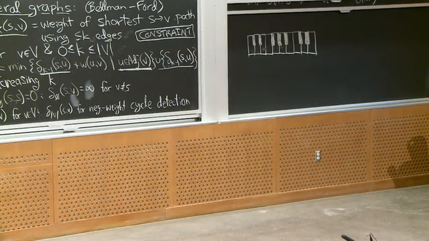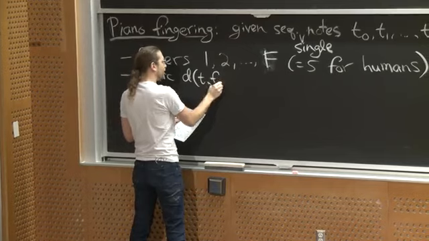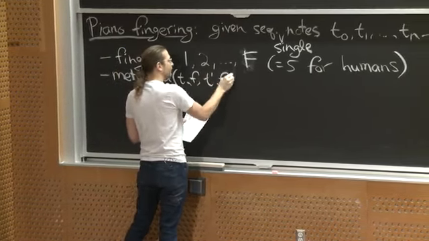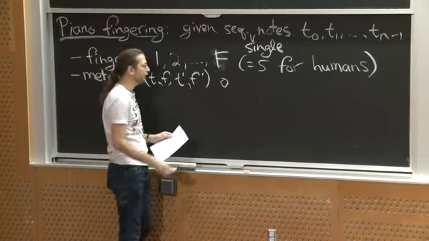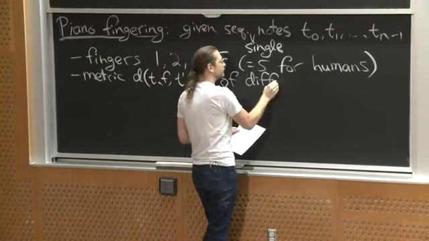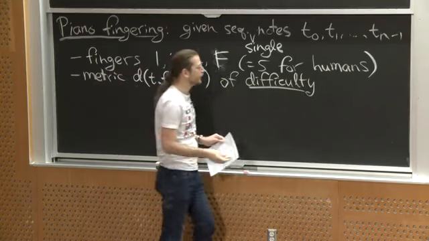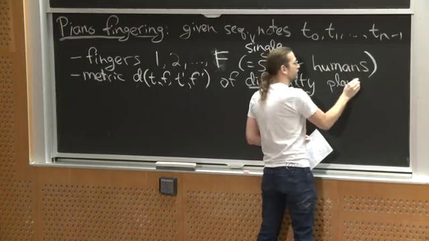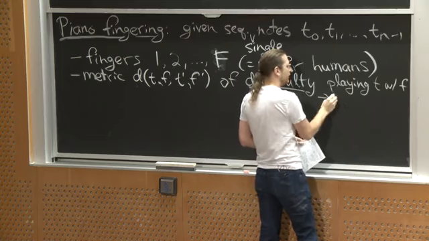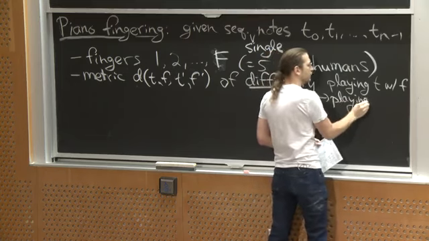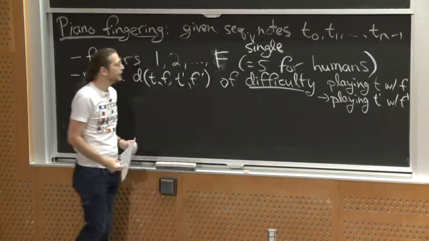I'm going to say that there's a metric, D, for if I'm at note T with finger F, and I want to go to note T prime with finger F prime, then this function, D of T, F, T prime, F prime, gives me the difficulty of playing note T with finger F, and then playing note T prime with finger F prime. So this is a transition difficulty.